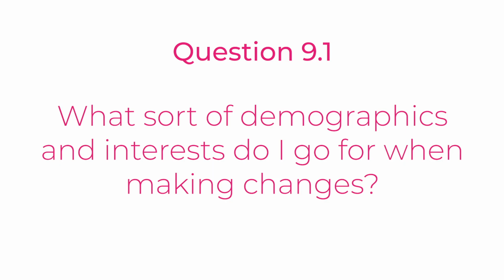Okay. So if I'm going to make a change on my campaign, what kind of demographics and interests do I go for? So again, you're letting the data decide. If you're using interests, one trick we use is that we split up each interest by ad set, and that way we can tell which exact interest is responsible for a conversion or a lead, instead of grouping an interest with 20 other interests and we have no clue which one actually made the conversion.